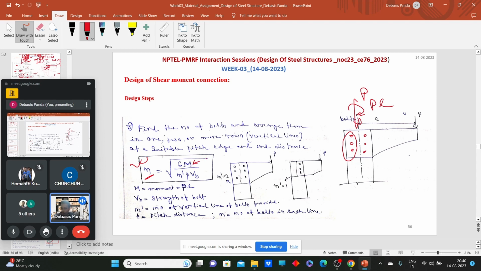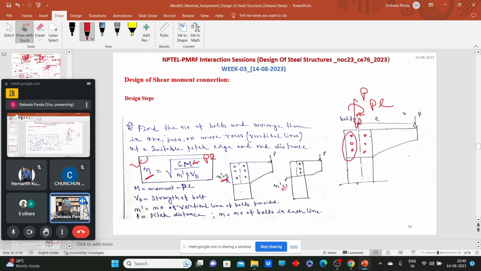What is M? This is nothing but your PE. And what is n dash? That n dash is the number of vertical lines of bolting which you have considered. If you consider that we should provide 2 lines of vertical bolting, then the value will be 2. If we consider that there will be 1 line of vertical bolting, it will be 1.